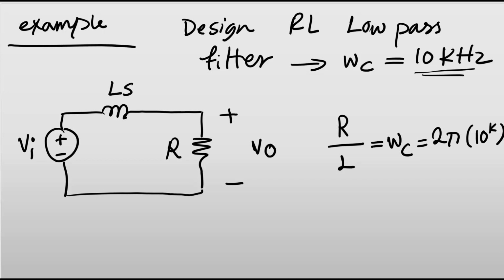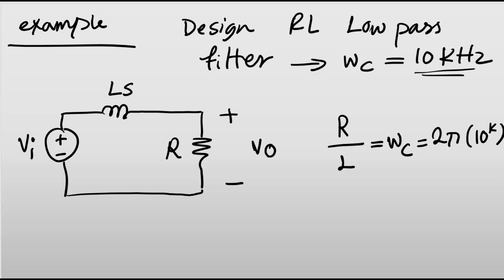So as long as the ratio of R over L is equal to 2 pi multiplied by 10k, then this circuit will have a cutoff frequency equal to 10 kilohertz, and it will act like a low pass filter because I'm focusing on the voltage of the resistor in the RL circuit.